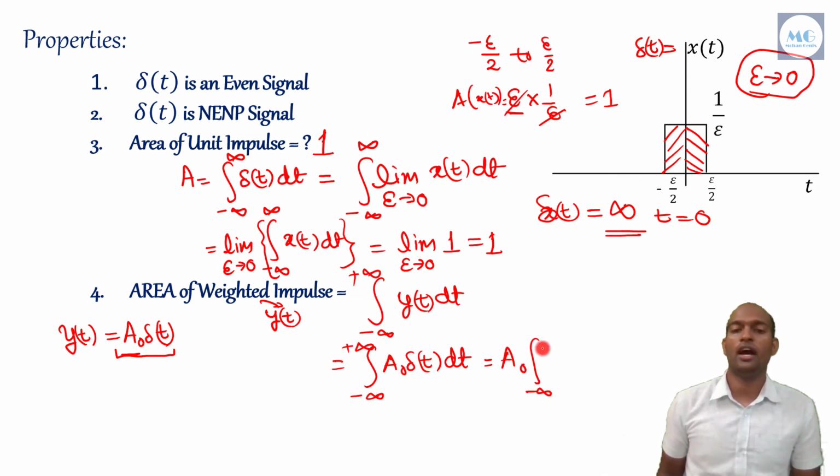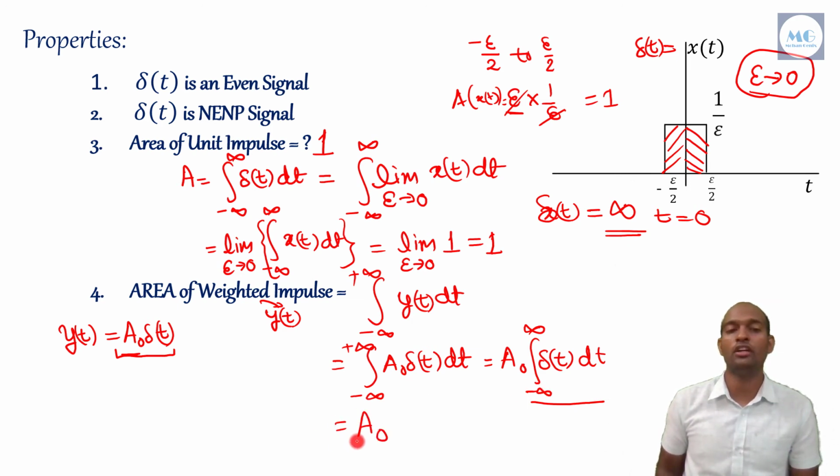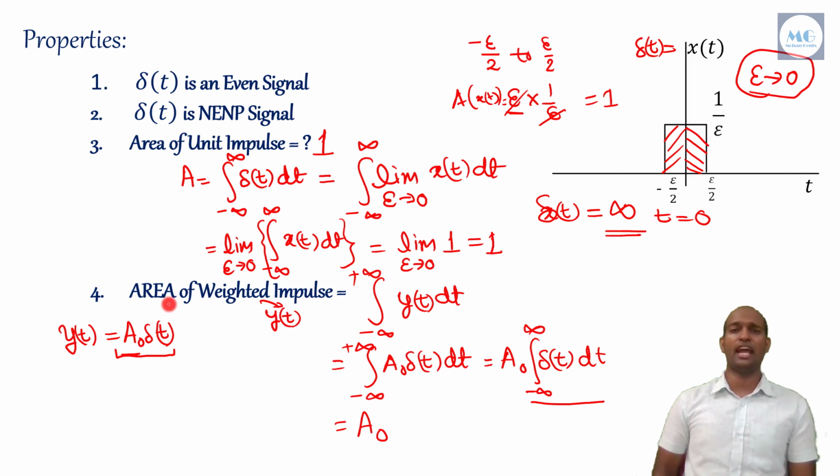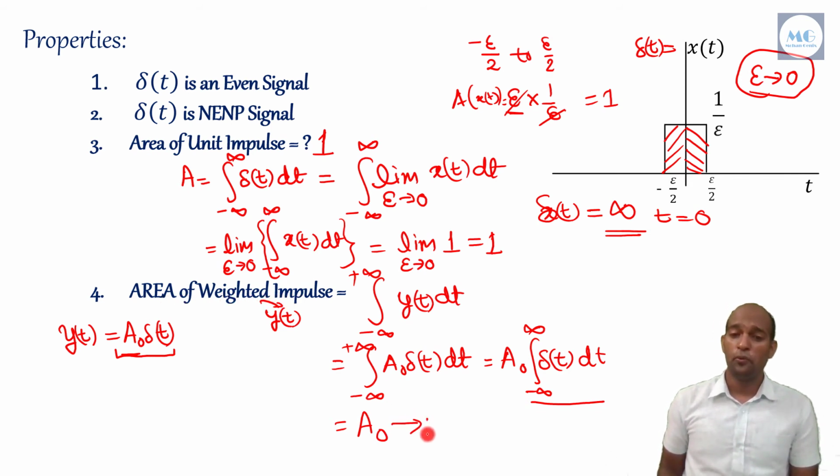So what will be the value of this step? Integration from minus infinity to plus infinity of δ(t) dt, and we know area of this δ(t) is 1. That means its value will be a0. So we can say that area of any weighted impulse is the weight of that impulse.